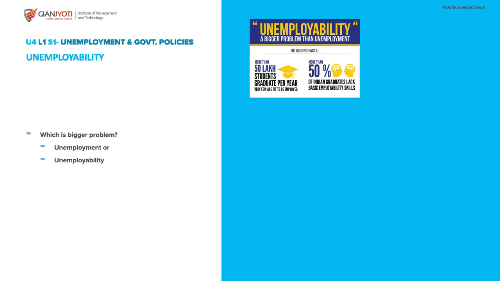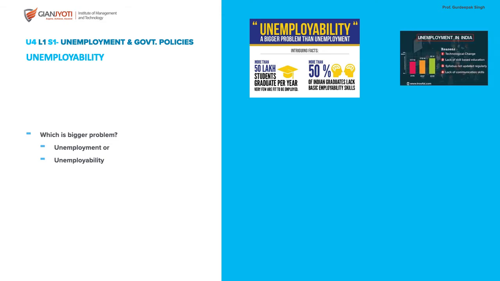Today, around 50 lakh students graduate every year in India. And out of these 50 lakh students, not all are employed or fit to be employed. The fact is, more than 50% of these graduates will lack the basic employability skills.